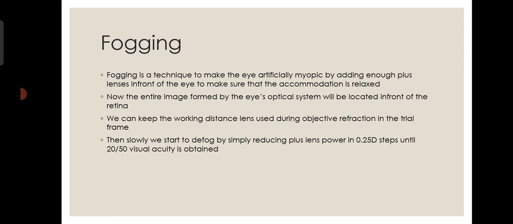Remember, 20 by 50. 20 is 6 by 6, and 40 is 6 by 12, so the patient will be reading partly 6 by 12. At that point of time you need to stop defogging the patient.